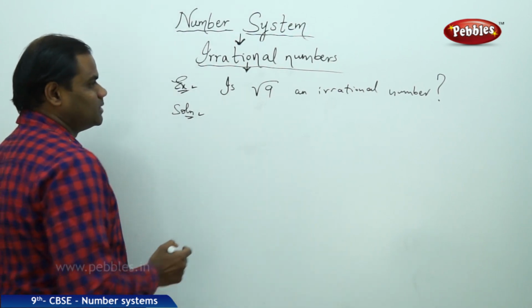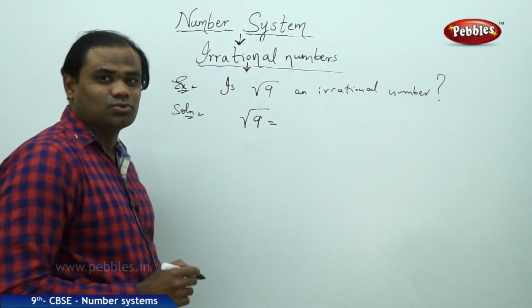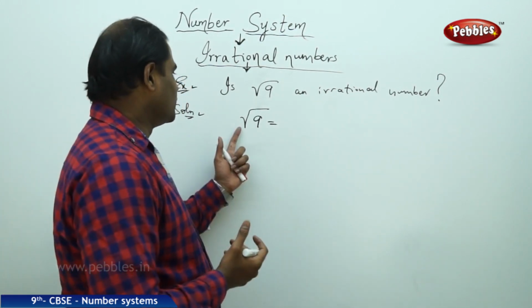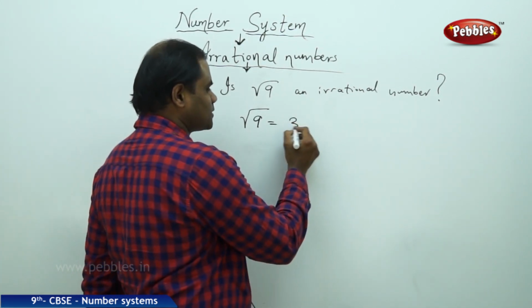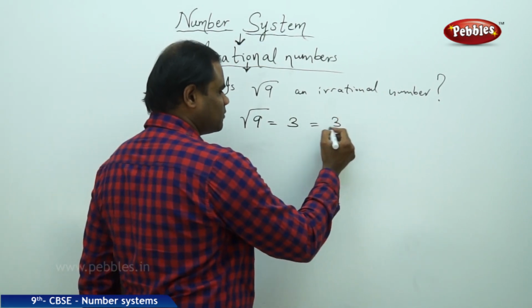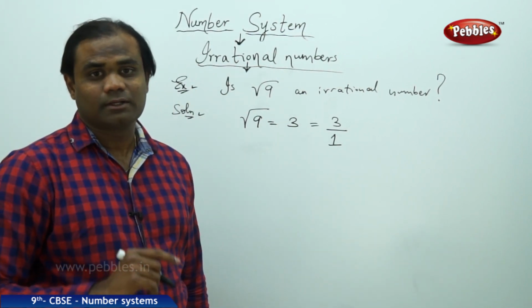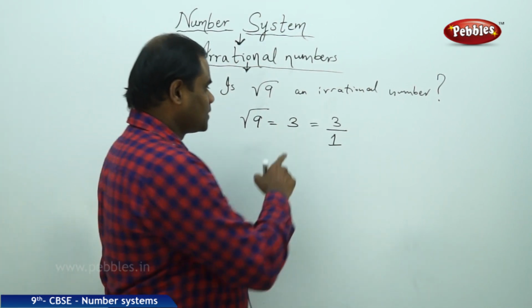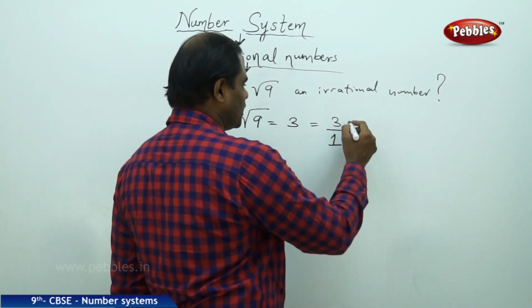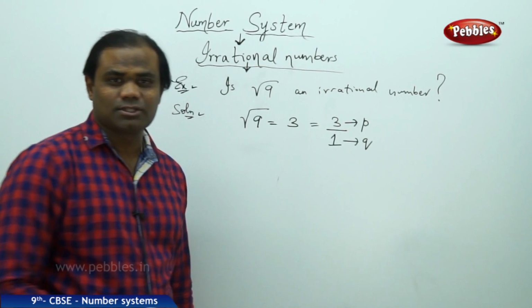So with this example, I try to simplify this to a more simplified form where root 9 can be expressed as 3, which in turn can be expressed in the form p by q, because I need to put it through test number 1 and test number 2. So this can be expressed as 3 over 1, where my numerator is p and my denominator is q.